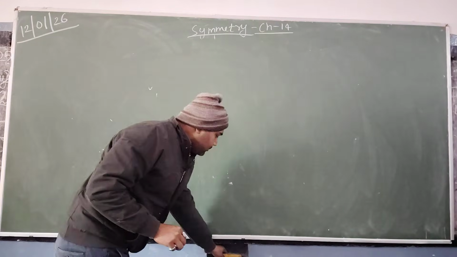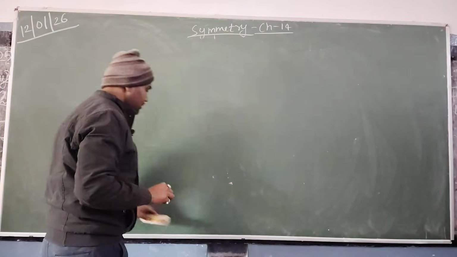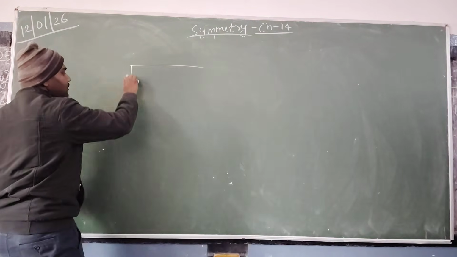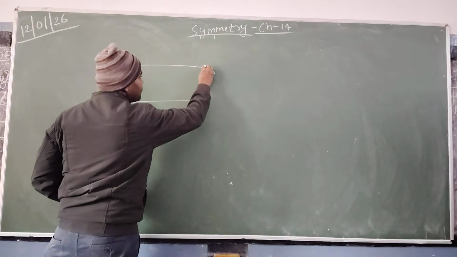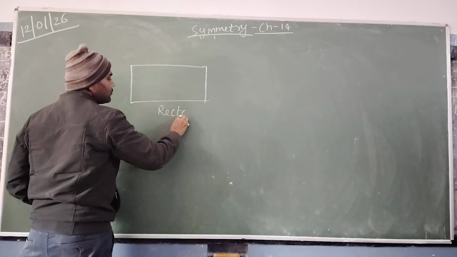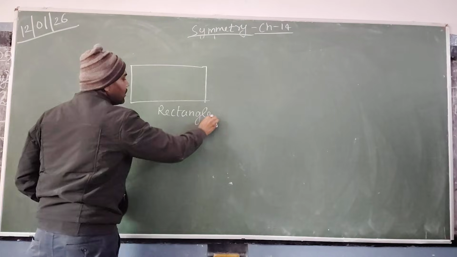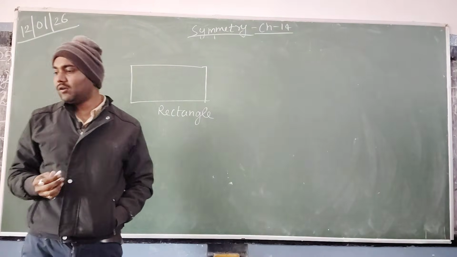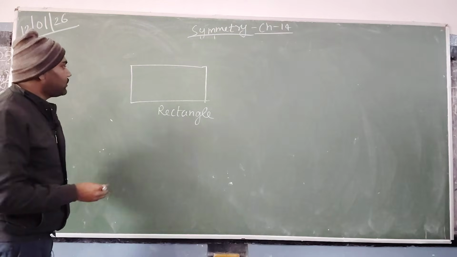Suppose we have a figure like a rectangle. This is a rectangle. Understood? How many lines of symmetry does this rectangle have?